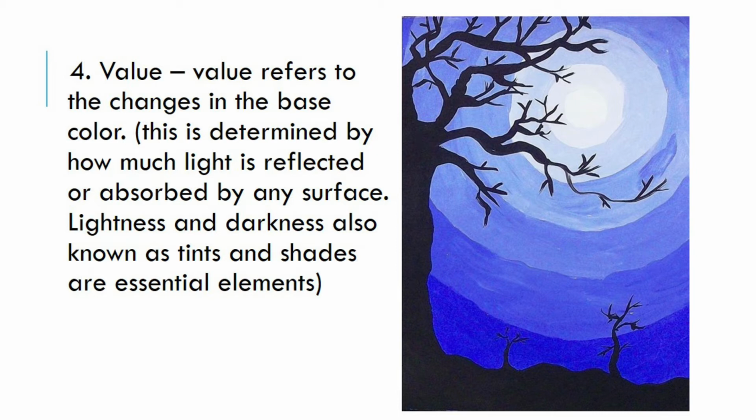It is the lightness and the darkness of the artwork. As you can see, the value of the darkness is not really emphasized, but also the other dark colors. The dark tints and shades are the essential elements of the value.